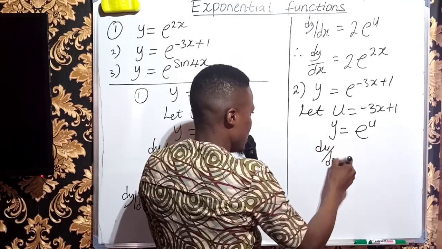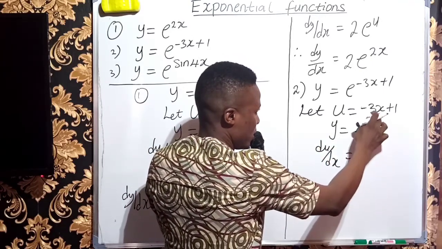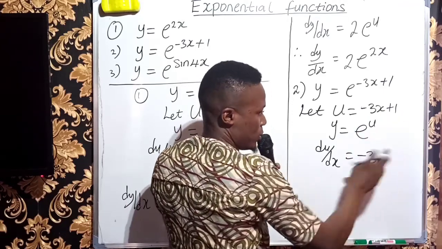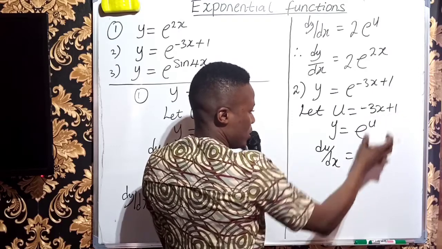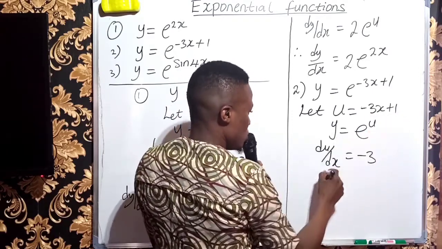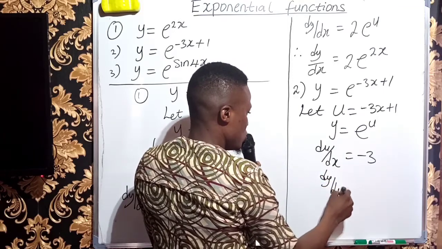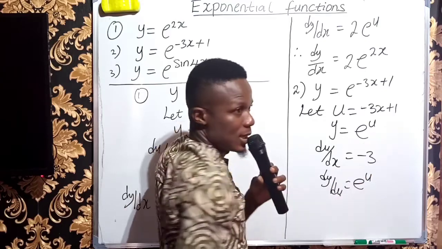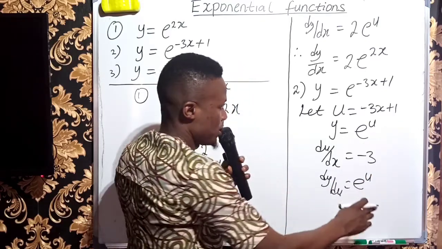Du over dx will give me, if I differentiate minus 3x, I'll get minus 3. If I differentiate 1, I will get 0. So no need. The derivative of this function is just minus 3. Also, dy du will give me just the same thing, because an exponent from the standard derivatives is still the same thing.